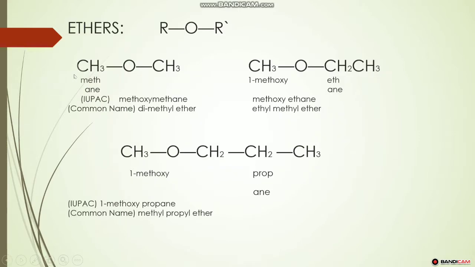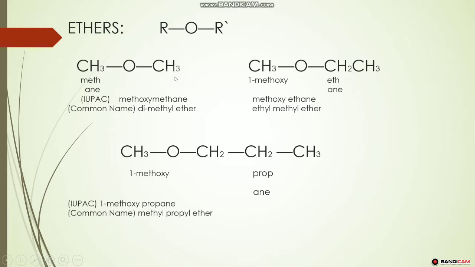For example, in this number 1 example, we have on the left side 1 carbon. We can give its first name as meth, then as last name ane, taking into consideration it has only a single bond. And on the right side, we have the substituent. The carbon is attached to oxygen.